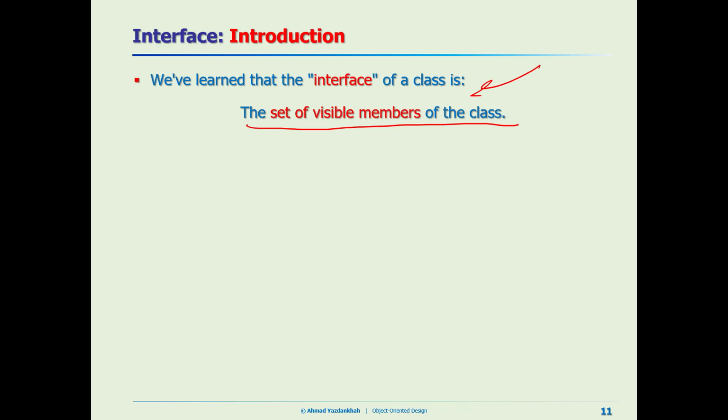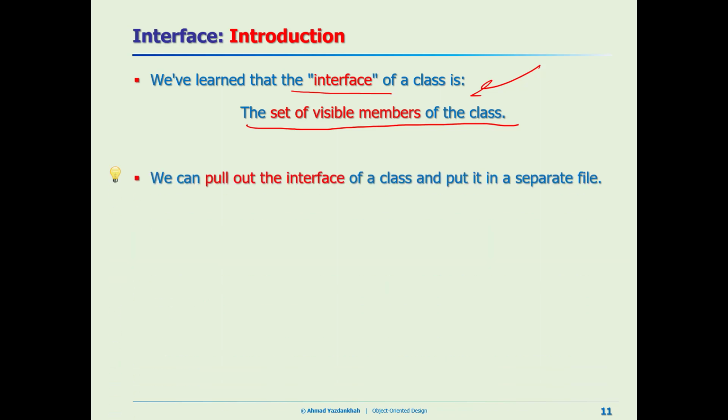This is whatever we used so far. All right. Okay, so when we have a class, we can pull out the interface of a class and put it in a separate file. This is the ability we have.